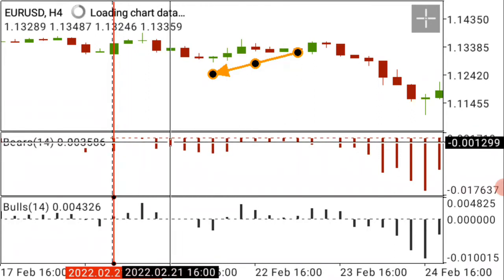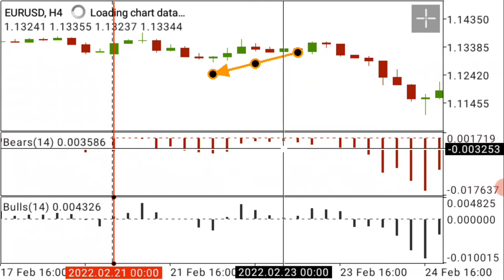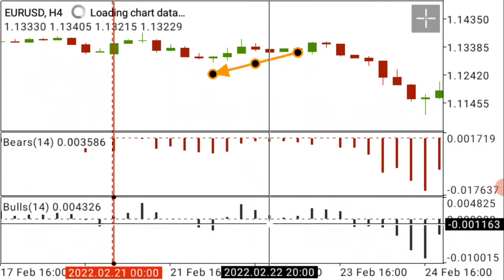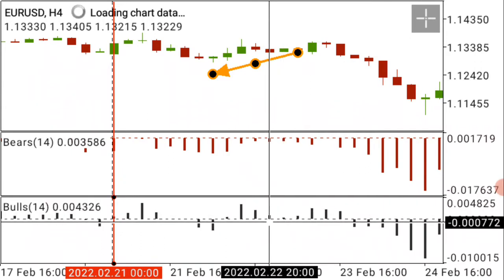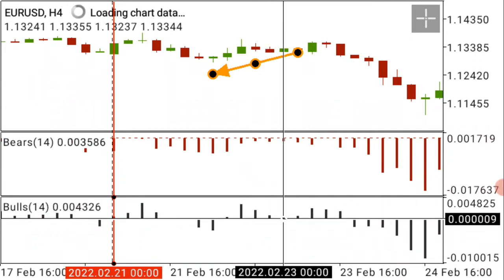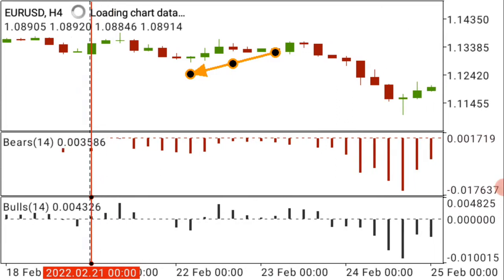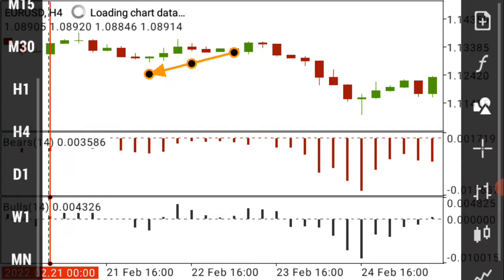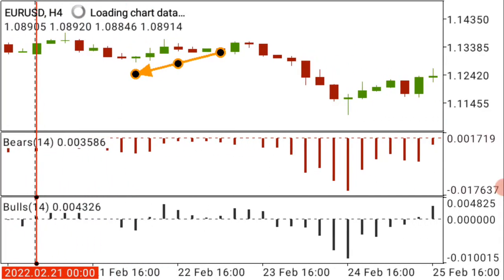It symbolizes the downtrend power. And the one which is here, which is bulls, symbolizes the uptrend power, which means it's for buyers and sellers. So the first one is for sellers.